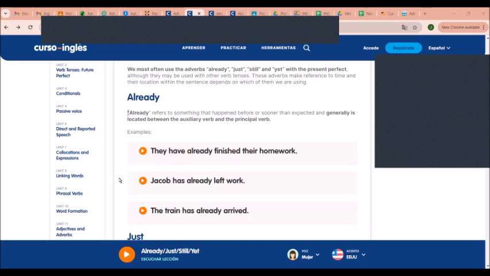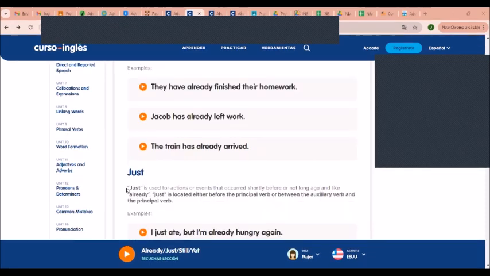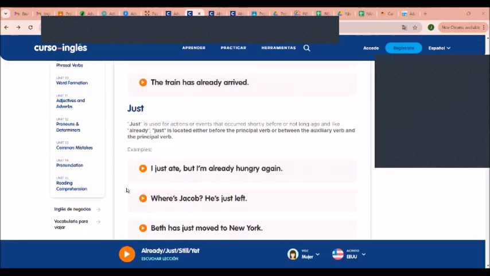All right. Andrea, help us with just. Read for us and the examples. Just is used for actions or events that occurred shortly before or not long ago, and like already, just is located either before the participle verb or between the auxiliary verb and the principal verb.